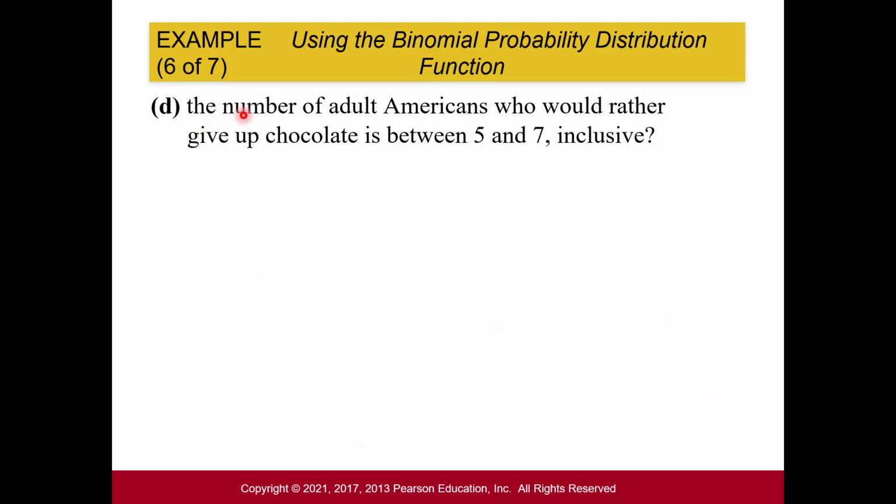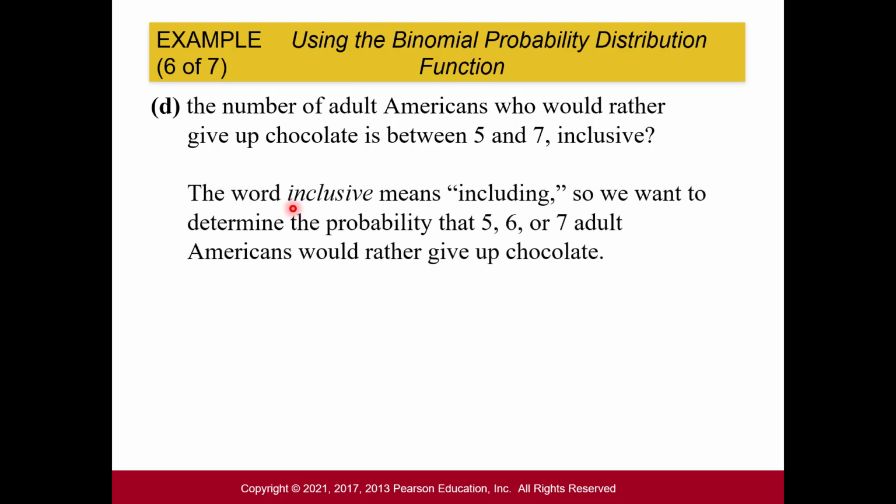Okay, now let's compute the probability that the number of adult Americans who would rather give up chocolate is between 5 and 7, including 5 and 7. Inclusive just means including. And so we want to determine the probability that we have 5, 6, or 7 people that would give up chocolate.